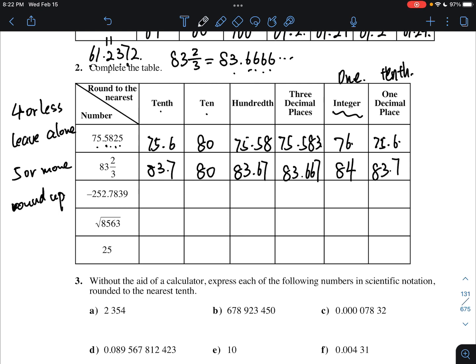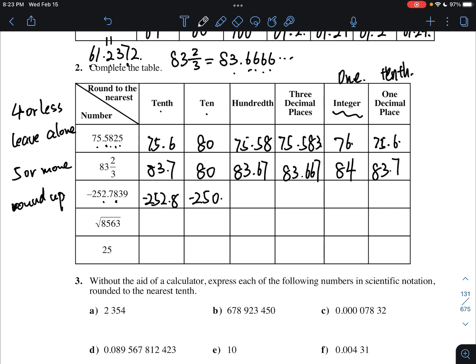And the next one is -252.7839. Yeah, this one is a negative, but it still follows the same rules, okay? And for the tens, we need to look at 8. 8 is 5 or more, so round up, and it's -250. And for the tens place, we need to look at 2. 2 is 4 or less, so we just leave it alone, so -250.